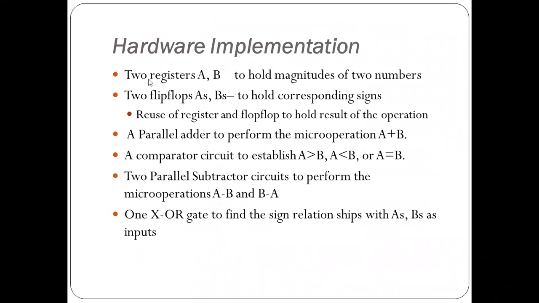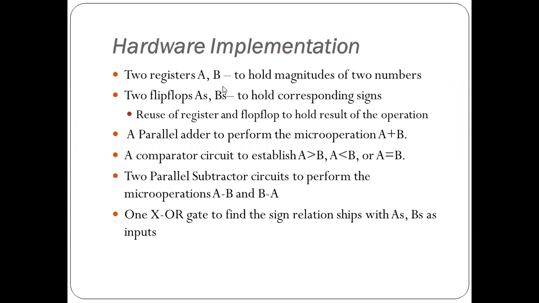As I said, I'll have two registers of width n minus 1 bits, A and B, to hold the magnitudes of the two numbers, and two flip-flops that hold the corresponding signs AS and BS. After performing the operation, either addition or subtraction, the result will also be of n bit width, the most significant bit for sign, and an n minus 1 bit register for holding the result.